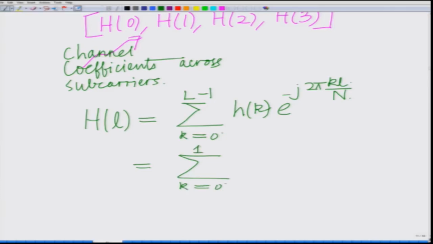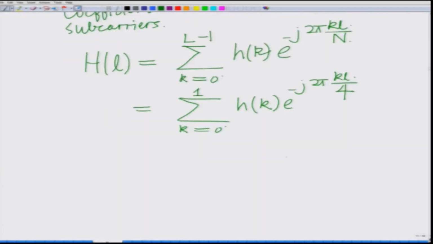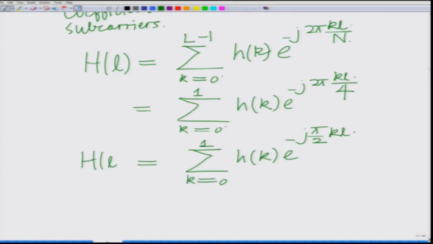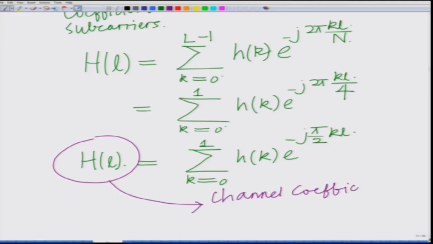In this case L equal to 2, so k equal to 0 to 1, that is H of k e raised to minus j 2 pi k L divided by 4, which is equal to the summation k equal to 0 to 1 H k e raised to minus j pi by 2 k L. This is your H L. As we said, this H L is the effective channel coefficient across the Lth subcarrier. All right.